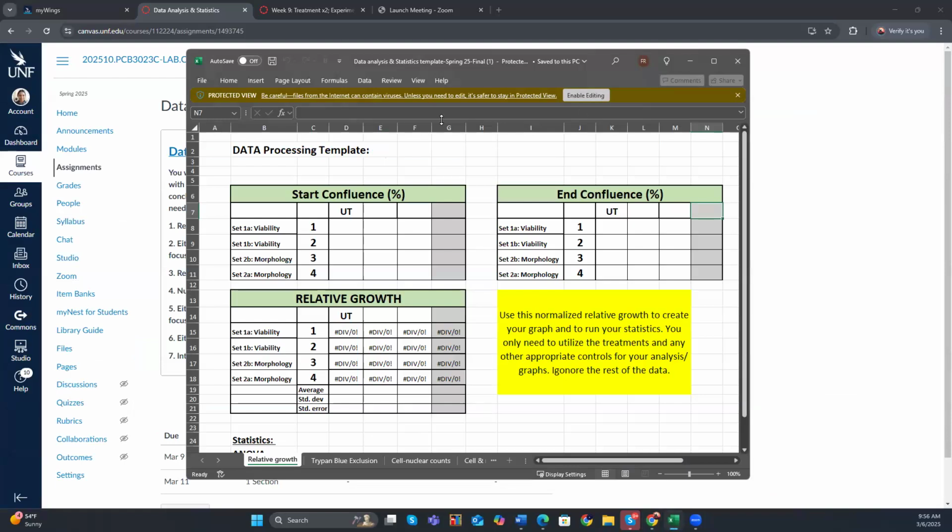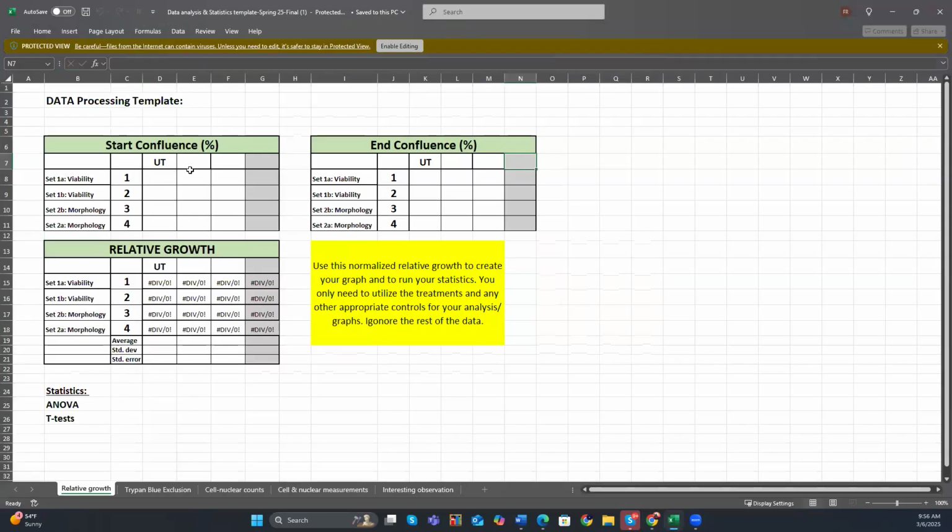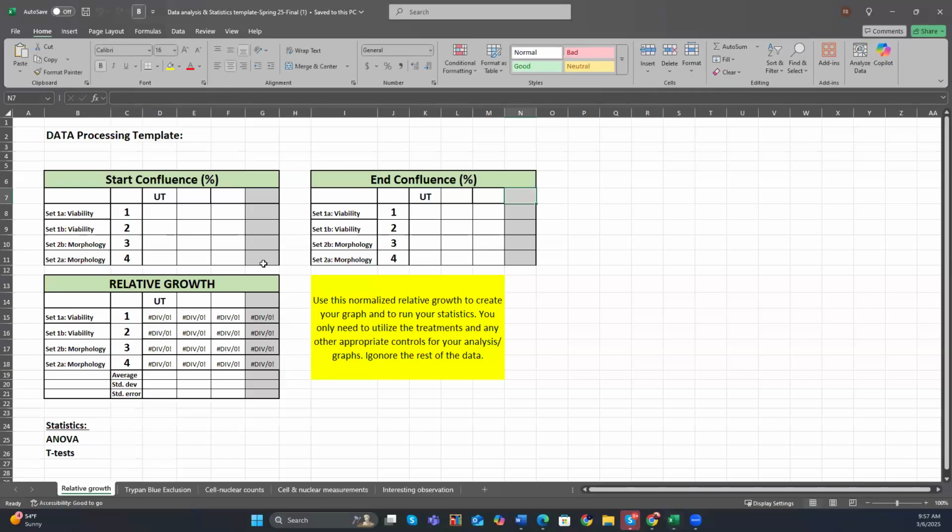What you're going to be doing is taking all your raw data and placing it inside this template, okay? That means you want to make sure you're putting them in the correct place. Now, if you had numbers that were handwritten, then you'll obviously need to type those numbers in here.